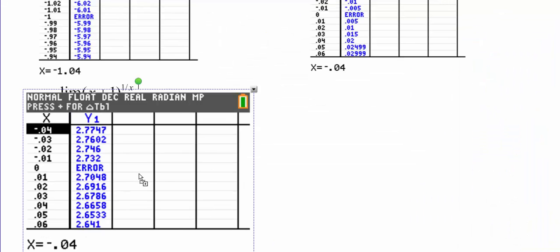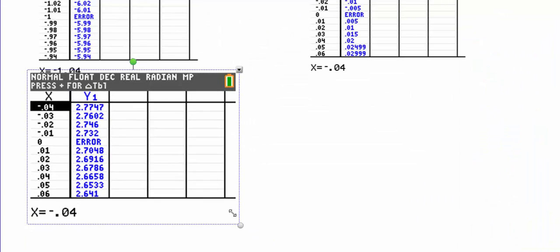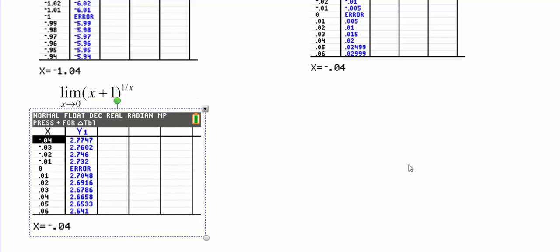Now, these numbers may not mean that much to you, but here's what we do in this situation where we just have to essentially approximate: we're going to take the two numbers closest. So I've got like 2.732 and 2.7048, and I'm going to add them and divide by 2.